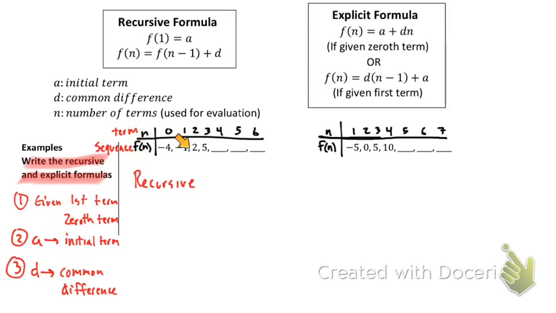So in this sequence, I have the 0th term. Because of that, in my recursive formula, if you look at the top, it says f of 1. What this means is f of 1 for this would actually be -1.